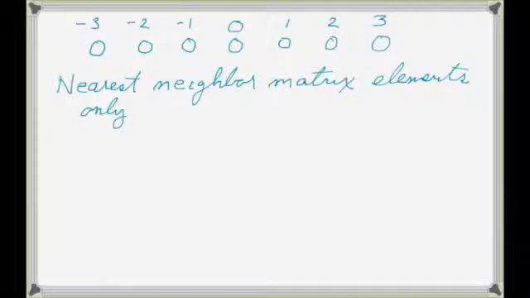It means, and this will become more clear as we actually do it, if I'm considering atoms 0 and 1, I'm only going to be calculating the matrix element due to those two wave functions, S0 and S1. I'm only going to consider the potential of atoms 0 and 1. That's what nearest neighbor matrix elements mean. So this is what they call a nearest neighbor tight binding model, which is very common.